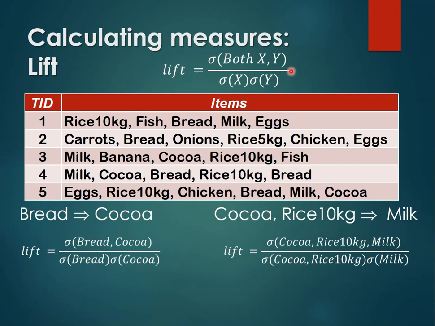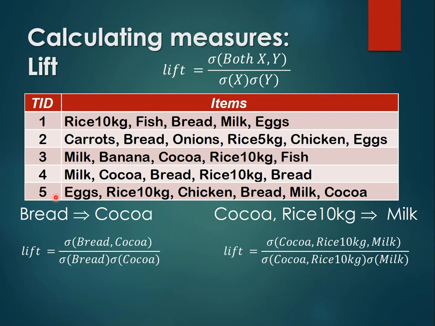The third metric is lift, given by the formula support count for both x and y divided by the support count for x multiplied by the support count for y. Again we have the numerator for bread and cocoa. The support count for bread and cocoa is 2, and we need to divide by the support count for bread times the support count for cocoa.